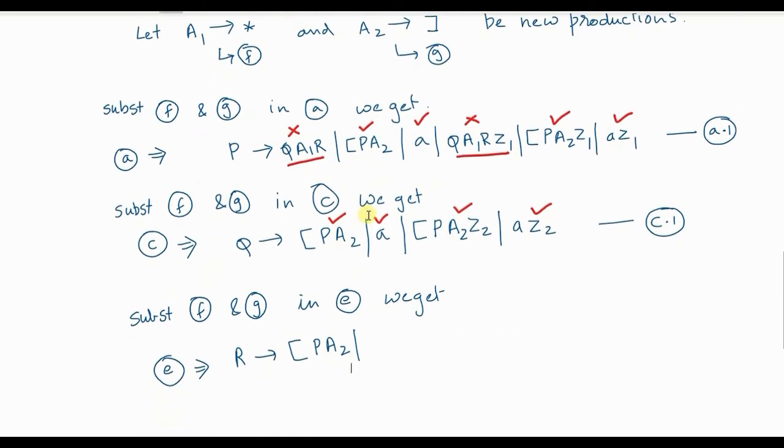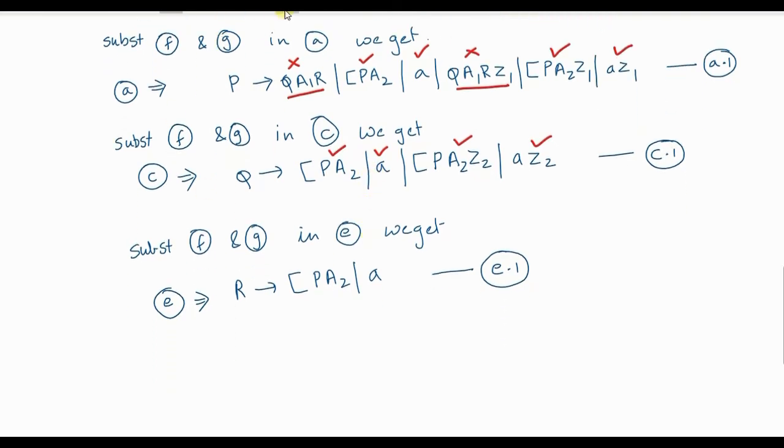I will write it as it is. Fine. So I will just call this as E.1. Here also now see, this term is already in GNF, this is also already in GNF.